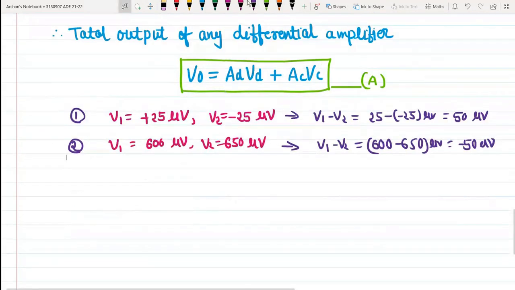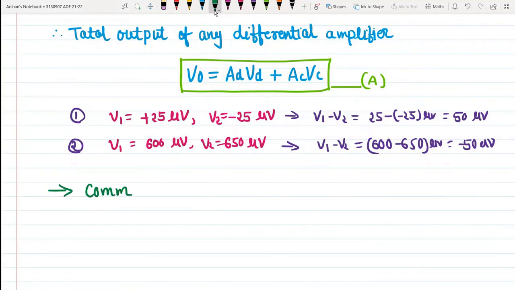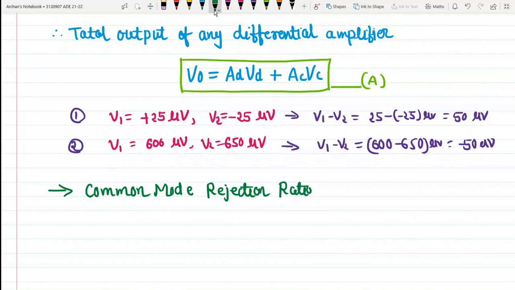Okay. So you need to understand this parameter, which is known as common mode rejection ratio, known as CMRR. Okay.